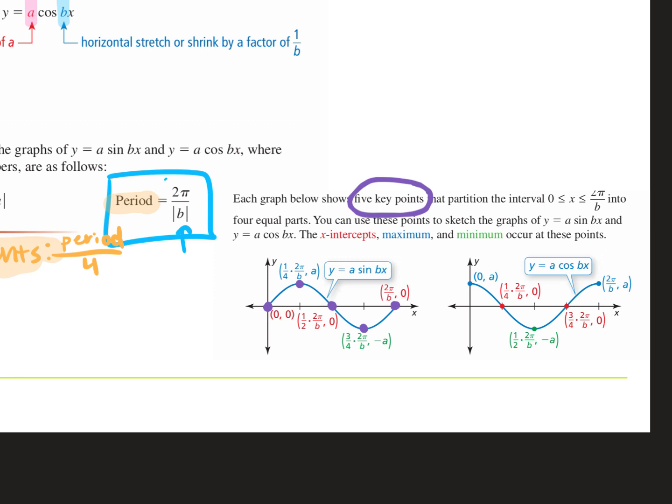And you only can go one space at a time. So we just go up to the amplitude, back to 0, down to the negative amplitude, back to 0. Same thing with cosine, but here we just start at the amplitude. So you start at the amplitude, back to 0, down to the negative amplitude, back to 0, back to the amplitude. So you're just going one space at a time. So these are what you would see your 5 key points for a sine or cosine graph.